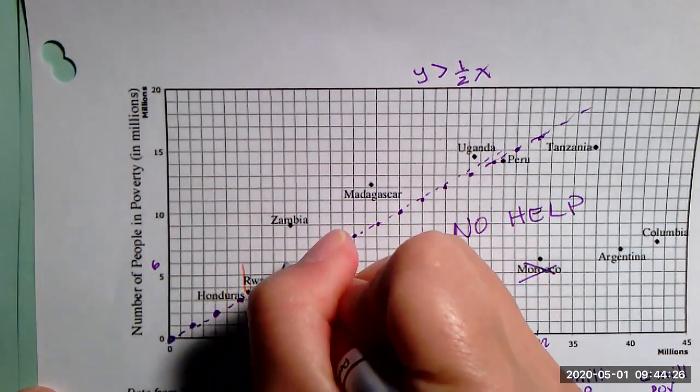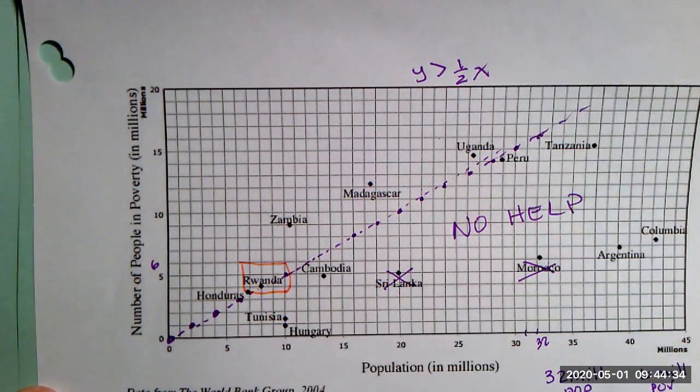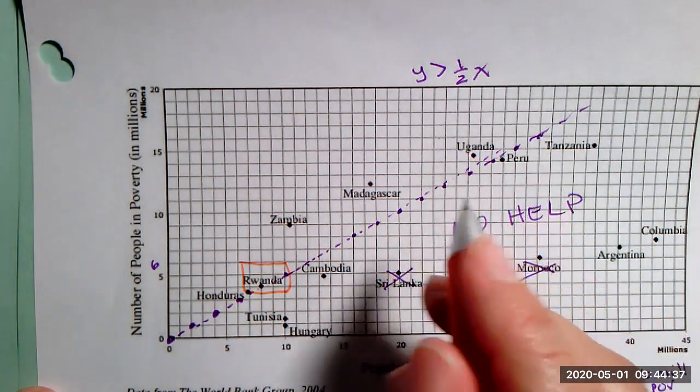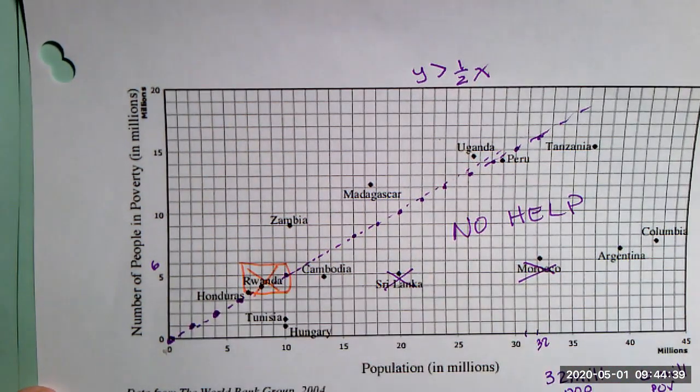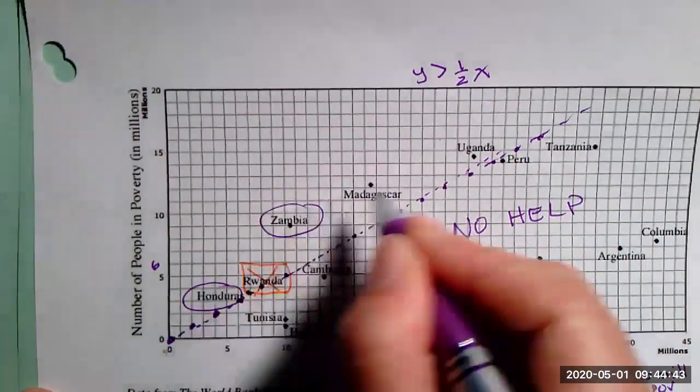The question is, does Rwanda get help? Well, Rwanda's on the line, and this is a dotted line. Since this is a dotted line, Rwanda doesn't get help because they're at 50%. So the only countries that get help are these.